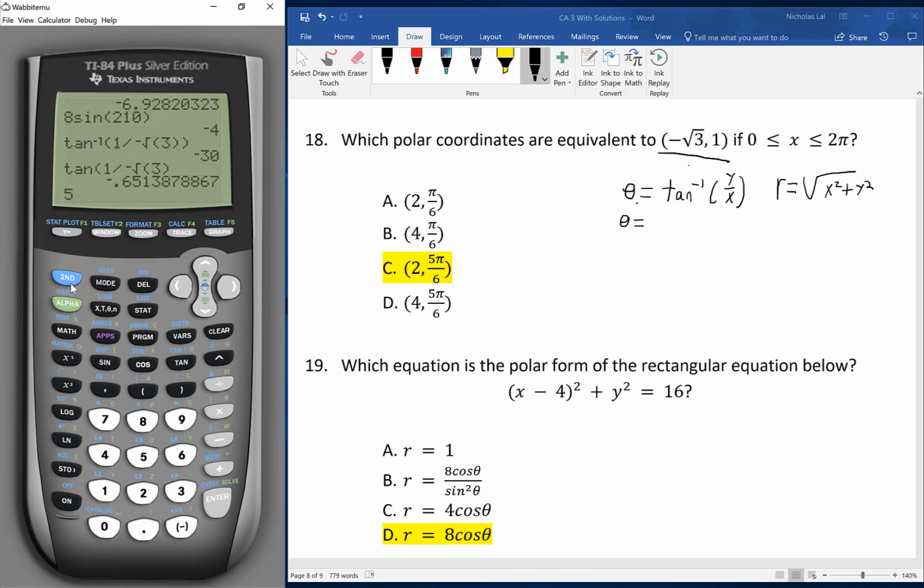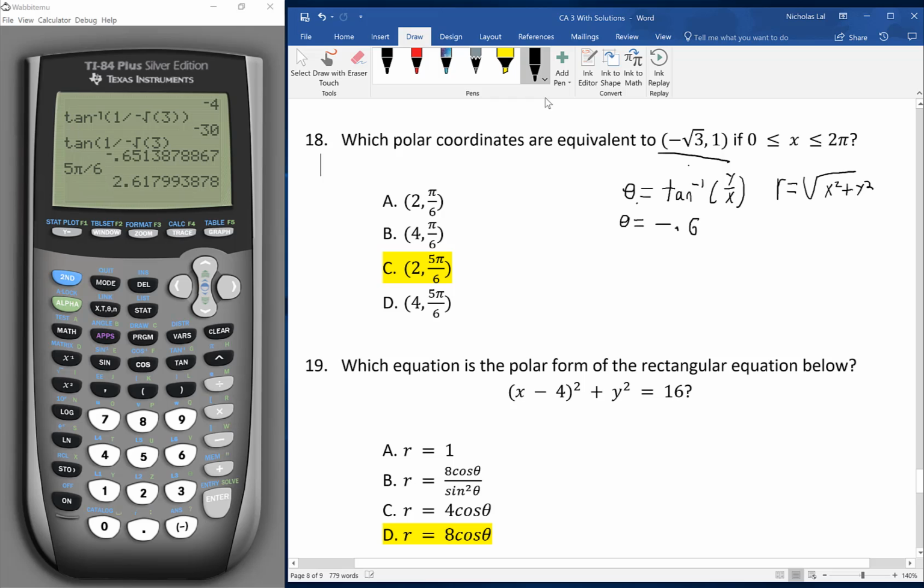We have our theta value is equal to negative 0.651. All right, but our theta value needs to be in between 0 and 2 pi, so we need to make this value positive.